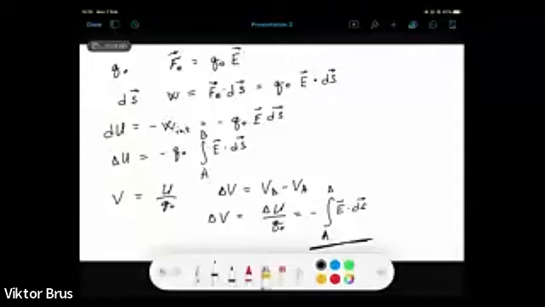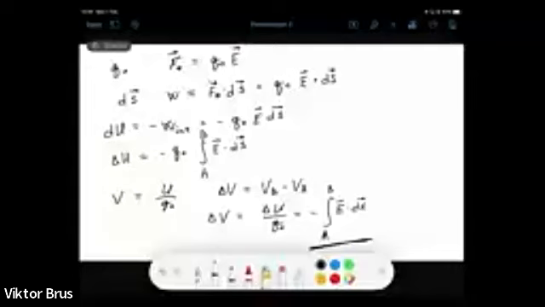However, when we deal with potential energy, we also need to provide information about the test charge.